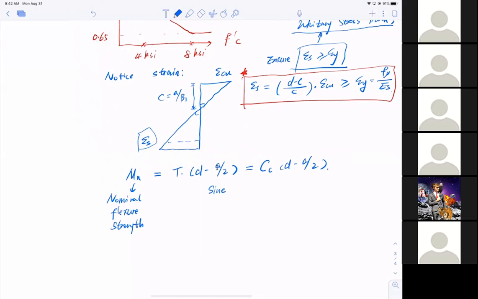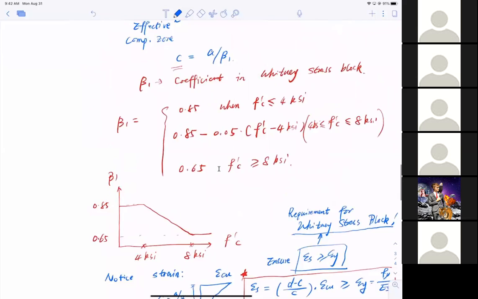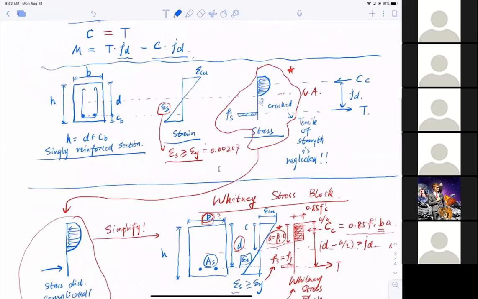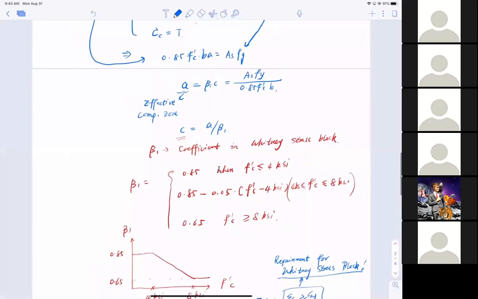Since epsilon s is bigger than or equal to epsilon y, the stress in steel equals the yield strength. So the tension equals As fy, and Mn equals As fy (d minus a/2). This is the final equation used to calculate the flexural moment capacity of the beam. So this is the procedure to calculate.